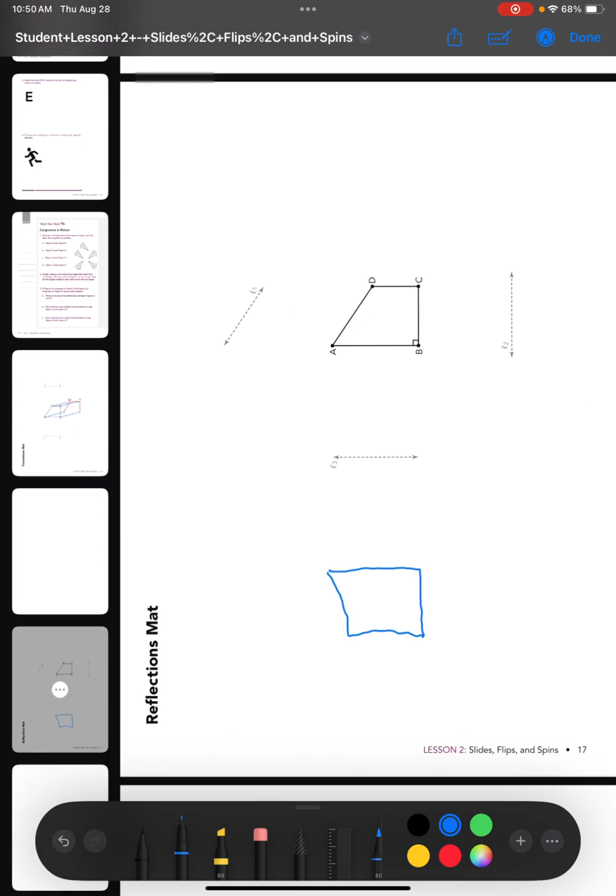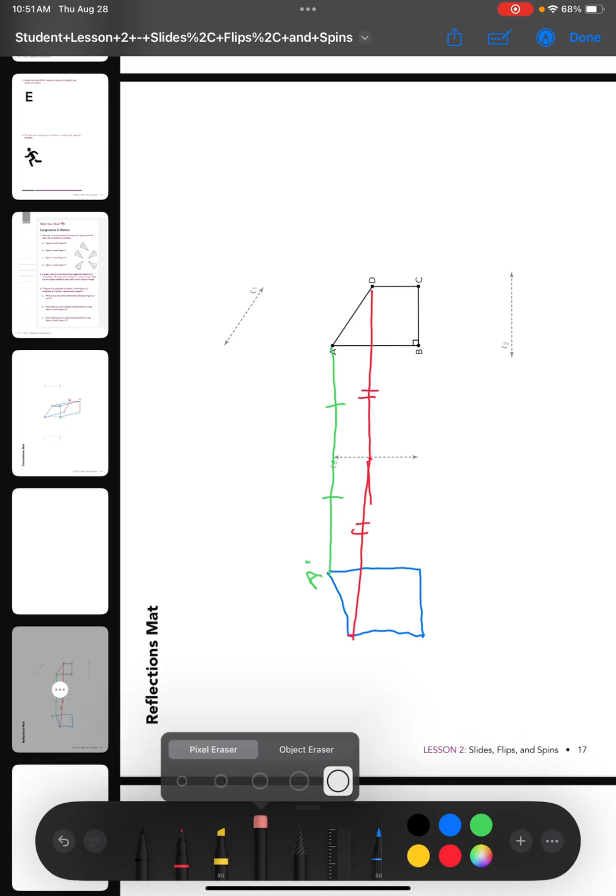If I were to measure this line to that vertice A, new A here, and go to the original A, those would be the same. If I was to measure from vertice D to the line of reflection, we'll pretend that's straight, those are going to be the same. Make that a little prettier, erase this little stray mark here.